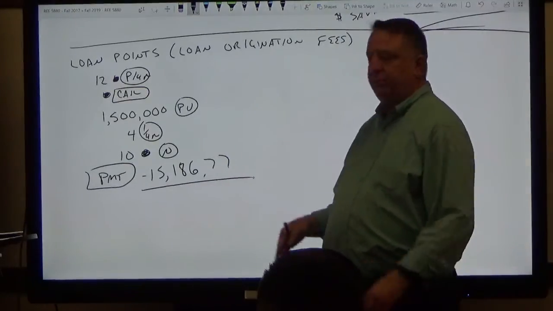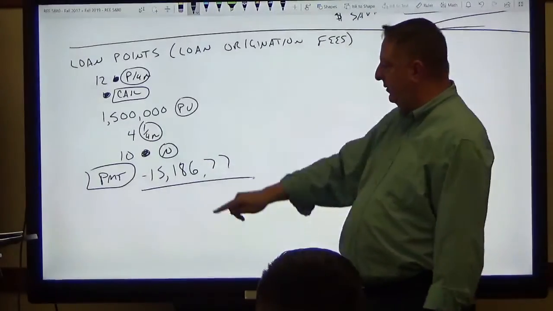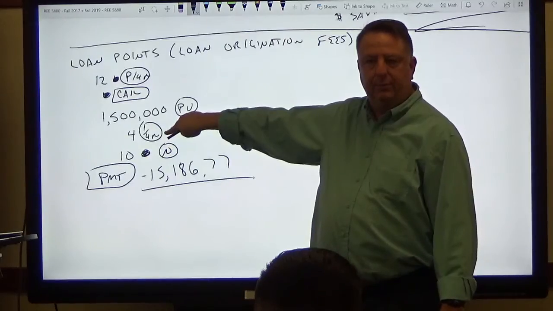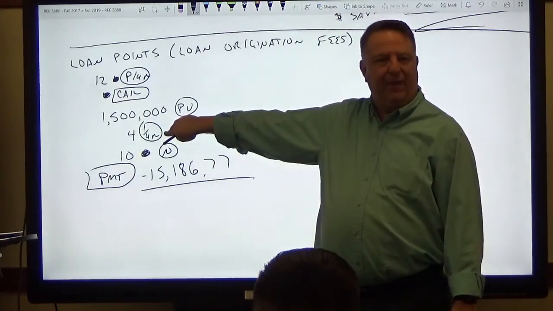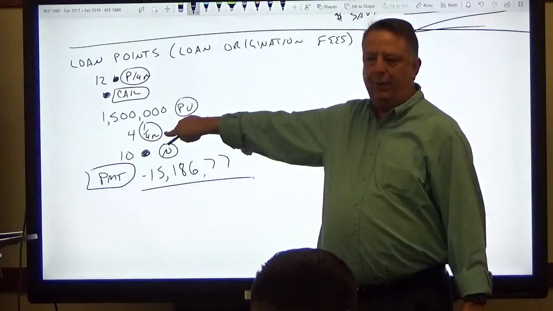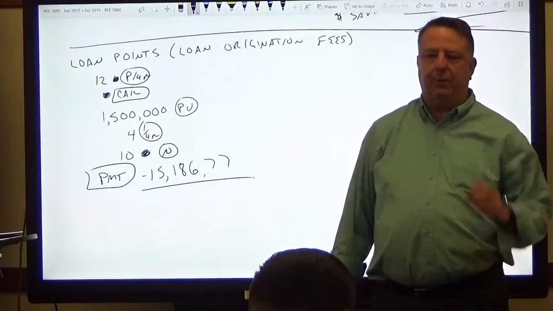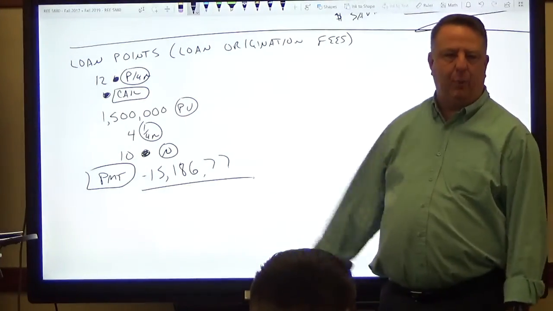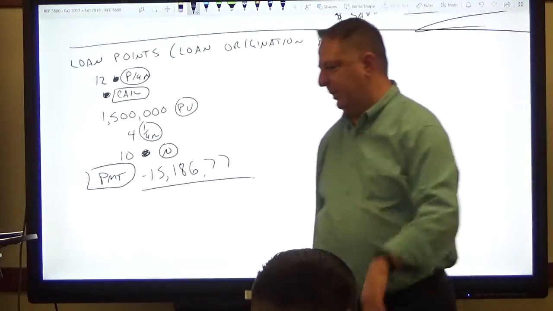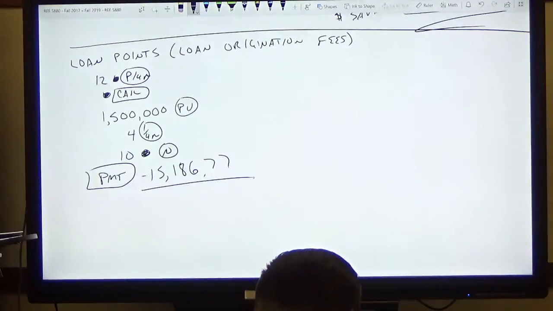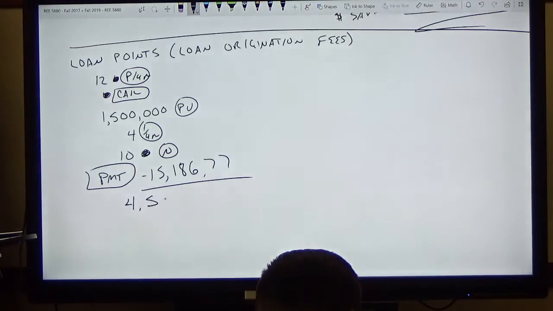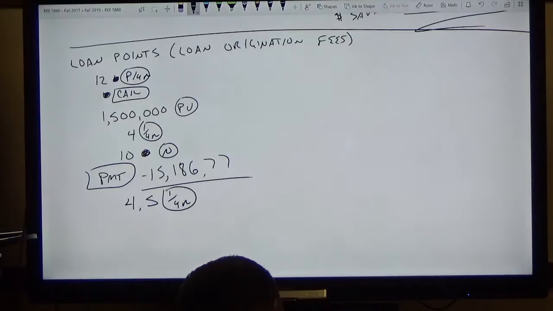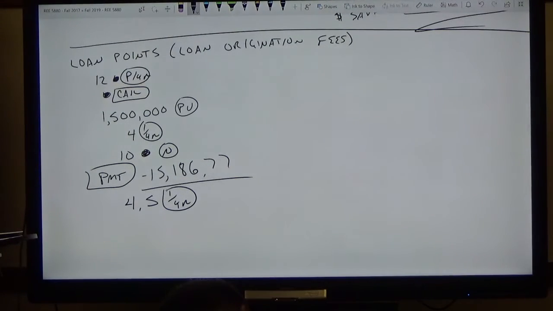Currently, my yield with no discount points, no loan origination fees is 4%. But I want to get something higher than that, and I want to pick a specific yield. So what yield do I want to get? Something higher than 4%. 4.5%. So, if we put in 4.5% as our interest rate, and then we solve for present value, let's see what happens.